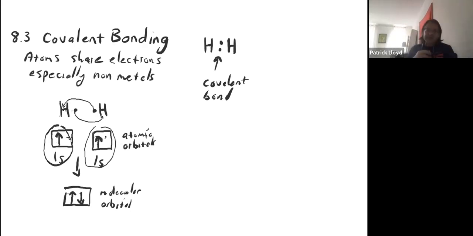They will mix together to form a new type of orbital, which is lower in energy than the atomic orbitals themselves. It is more stable. When we say lower energy, we mean more stable. The lower the energy of something is, the more stable it is. The molecular orbital is lower energy than the atomic orbitals, and so you will end up with what's called a covalent bond.